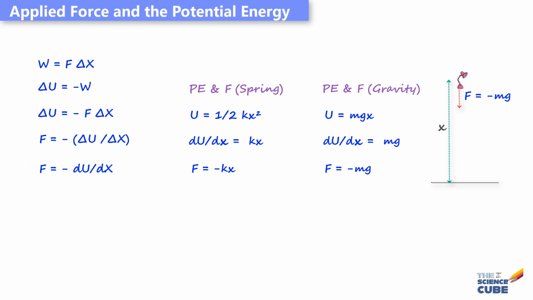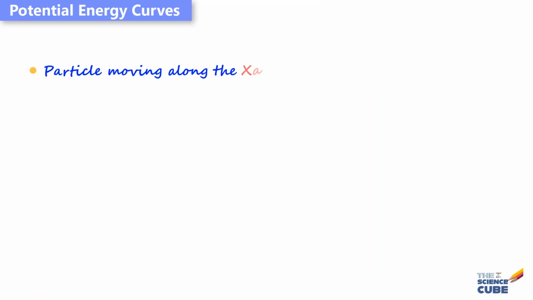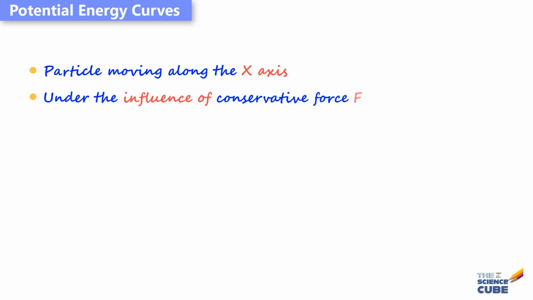So let us consider a particle moving along the x-axis under the influence of a conservative force F that varies with x. Well, the force will do work W on the particle and change its potential energy U as x changes.